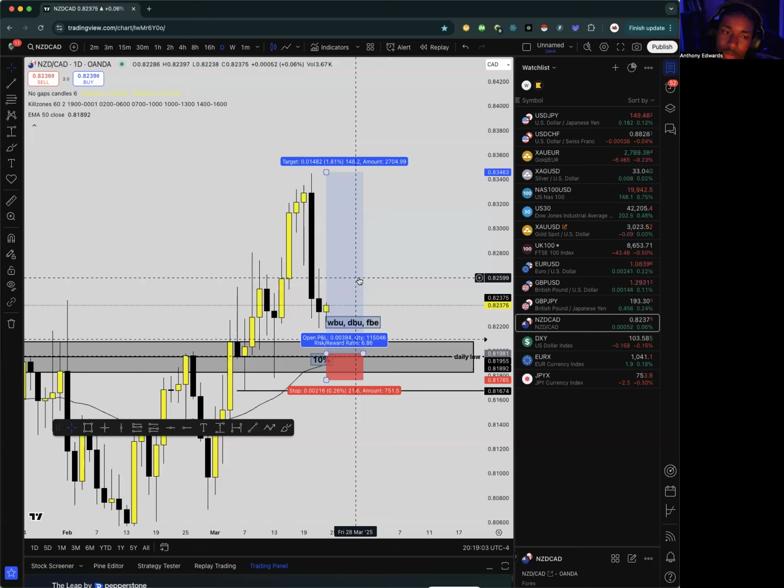I'd rather allow the market to do what it wants on the lower time frames and then place your trade if it gets to your price or area of interest. And if it shows you some signs of confirmation, enter, do what you want for the rest of the day. If it hits your stop loss, it hits your stop loss. If it hits your take profit, it hits your take profit.